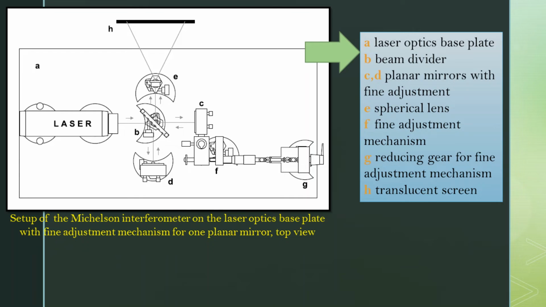During this interference phenomenon, many multiple reflections and transmissions will occur, and finally we will get the interference pattern through the spherical lens on the screen, which is called a translucent screen.